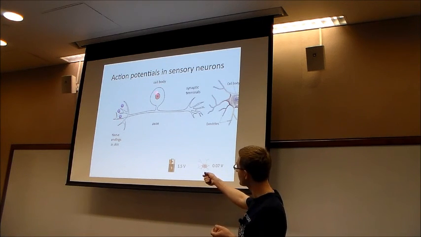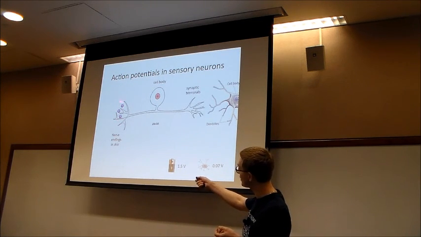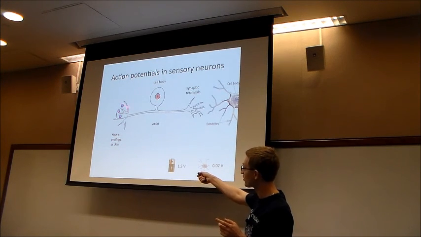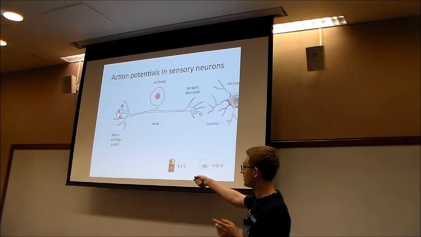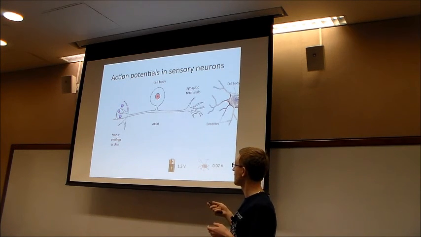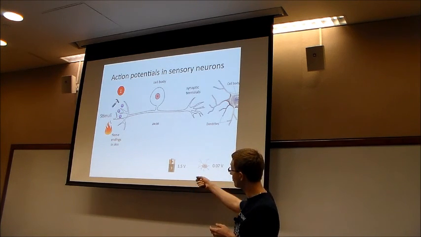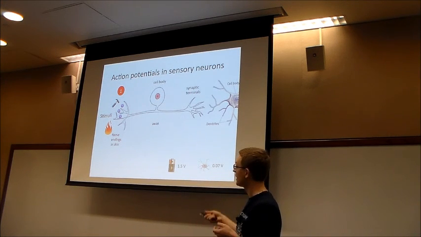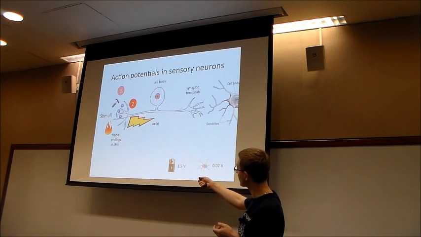In the same way, neurons can store charge, but they do it somewhat differently. They store charge outside of their membranes. And when we touch something hot or something like pressure, these charges, positive ions, can flow inside the neuron, and they generate an electric signal.